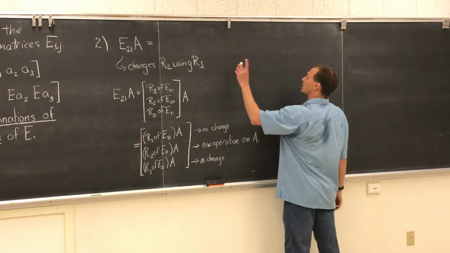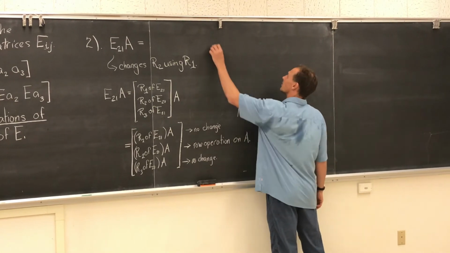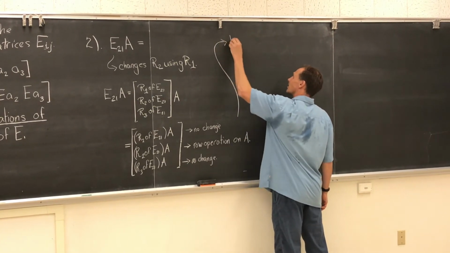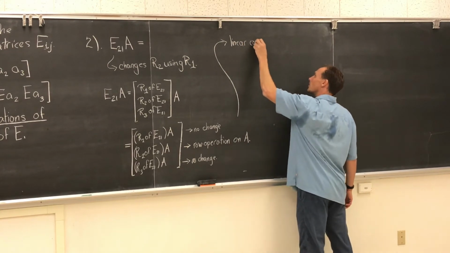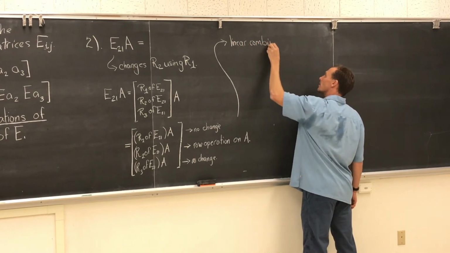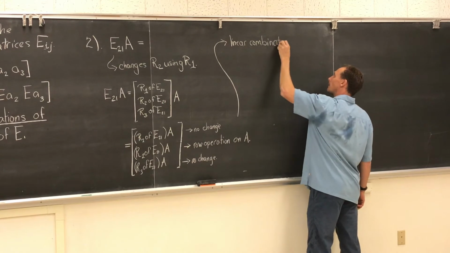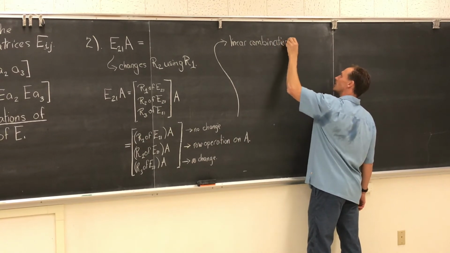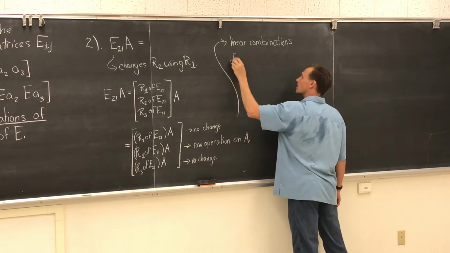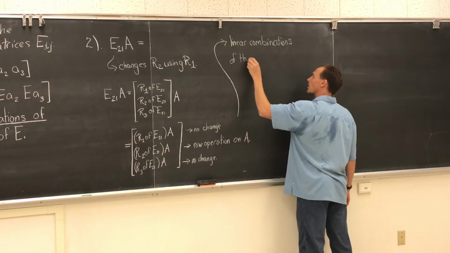So when we think of multiplication this way, what do we have? We have linear combinations of the rows.